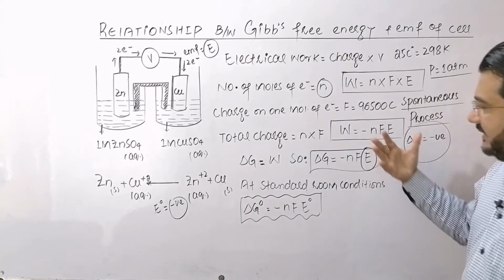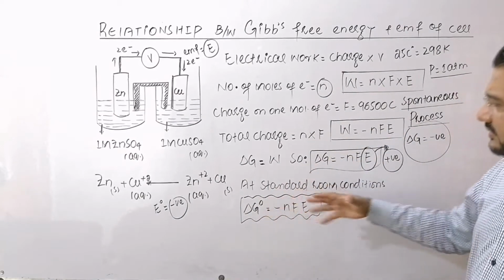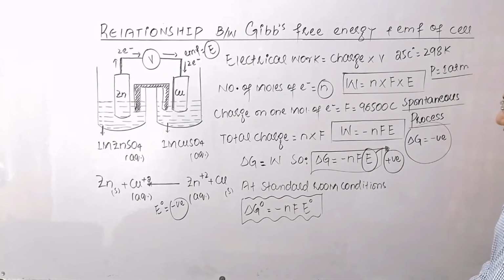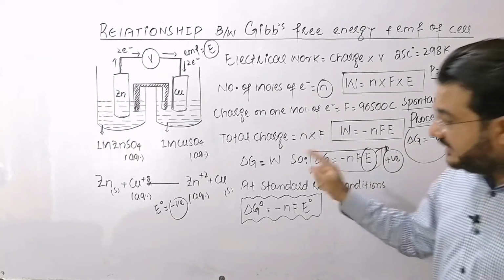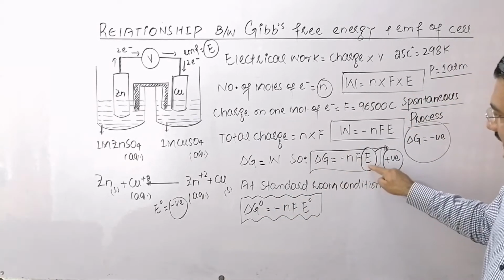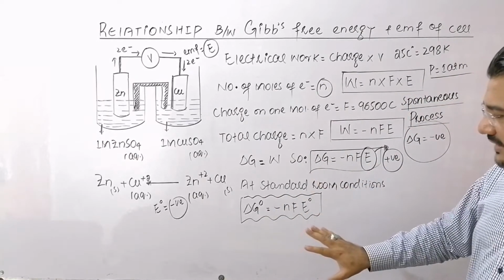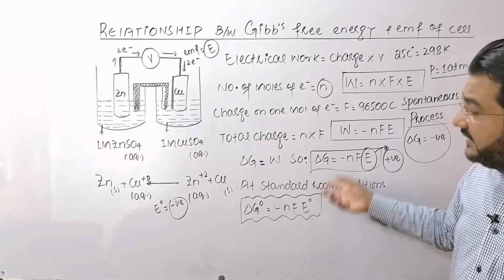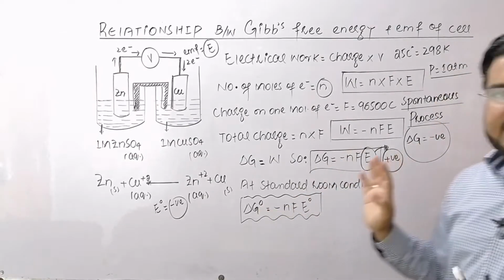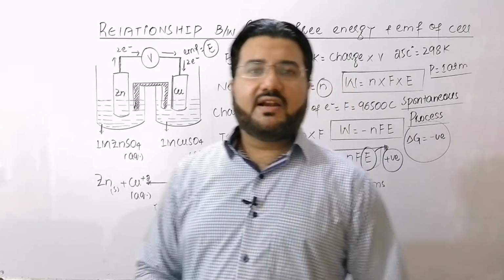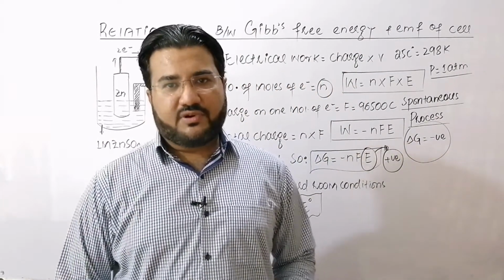So for delta G or delta G naught to have a negative value, it is a must that E and E naught should be positive. And if E and E naught are negative, then delta G or delta G naught will be positive, and that will show the non-spontaneous process.